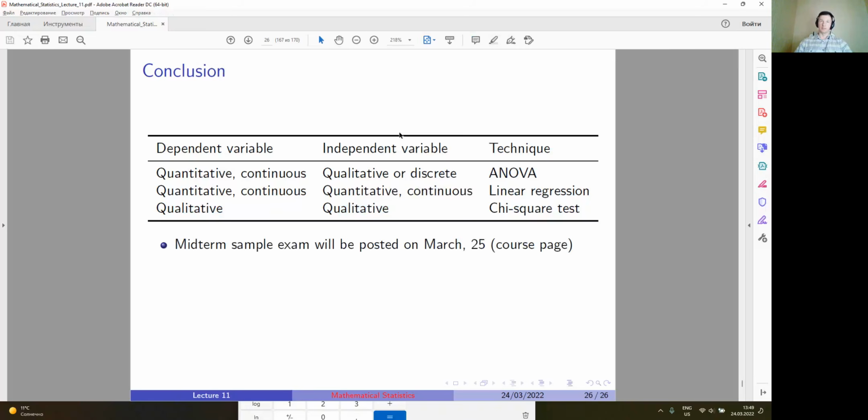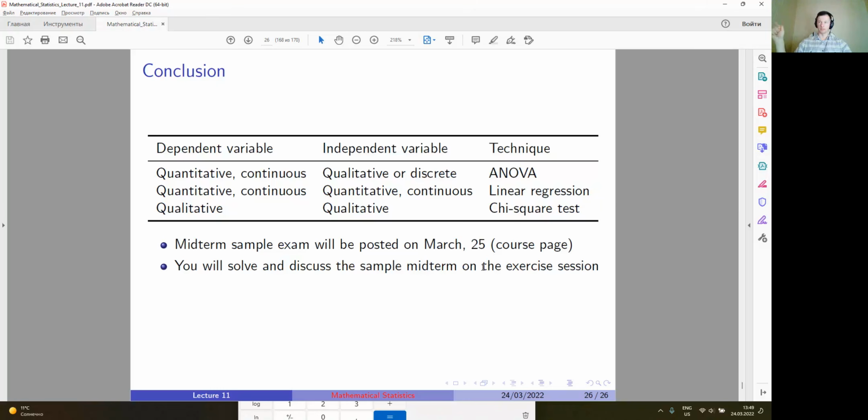Let me remind you that, first of all, I promised to place the sample of a midterm, and tomorrow you will find it on the course page, just to understand what to expect from the midterm. I will give you some example with questions, and you will have a chance to go through this on the exercise session. Next week you will have two, on Monday and on Wednesday.